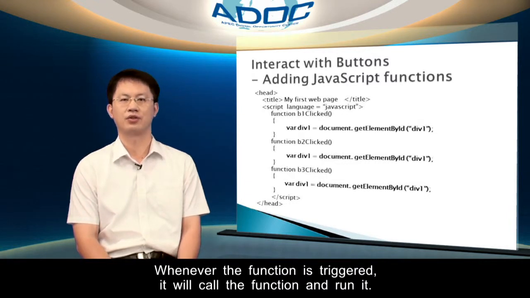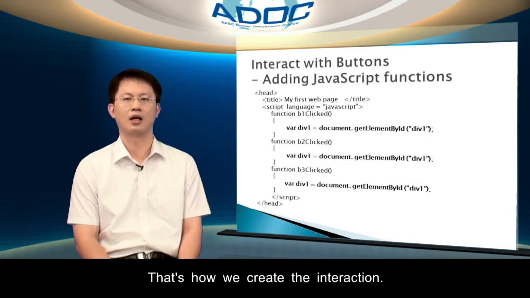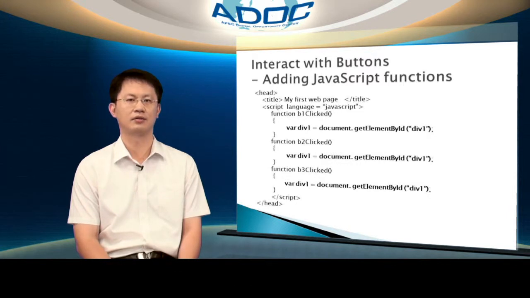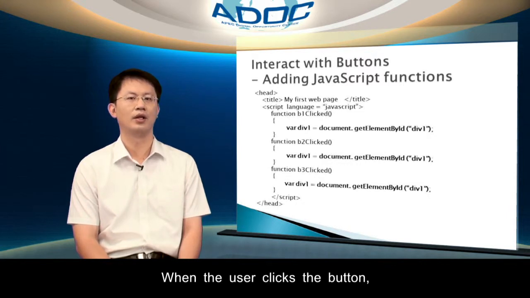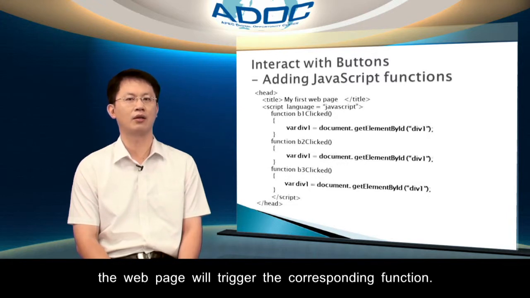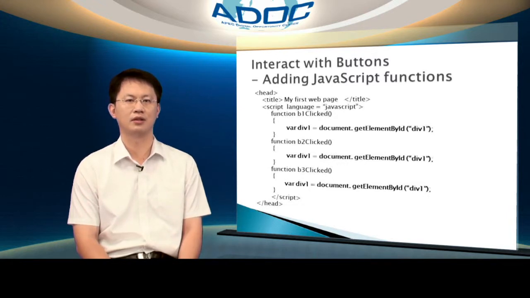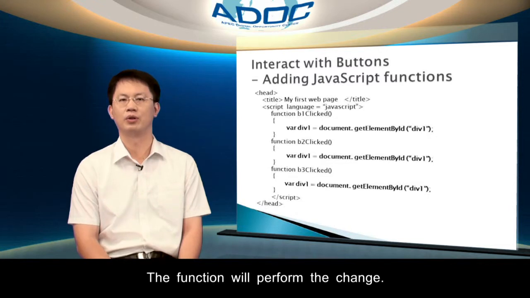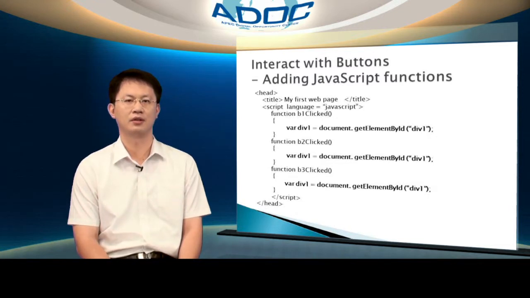Whenever the button is clicked, it will call the function and run it. That's how we create the interactions. When the user clicks the button, the web page will trigger the corresponding function. The function will perform the change.